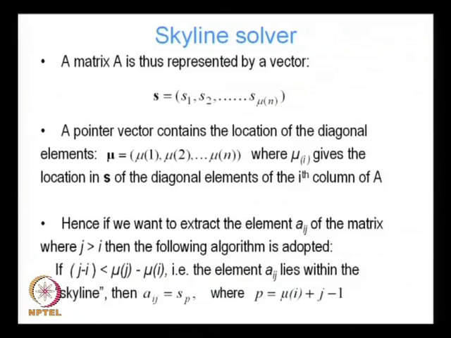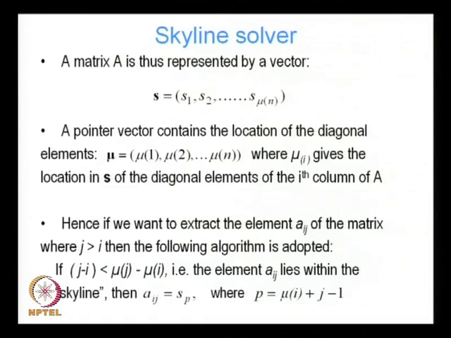Mu2 gives the location in the vector S where the second diagonal element resides. Similarly, mu3 gives the location where the third diagonal element resides, and mu n gives the location in S where the nth diagonal element resides, which always has to be the last entry in the S vector.